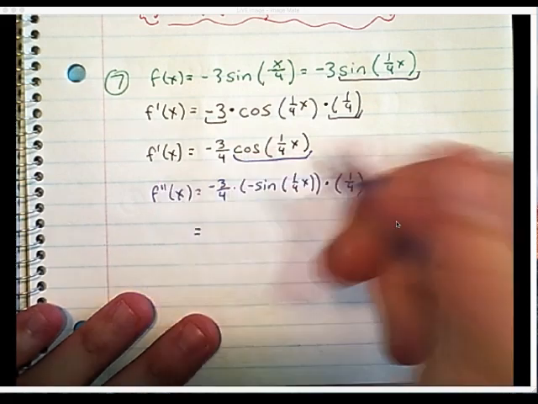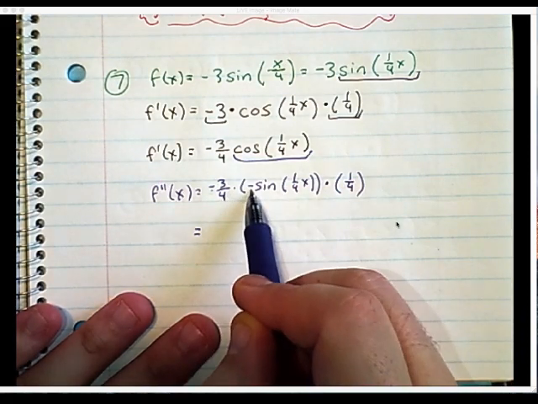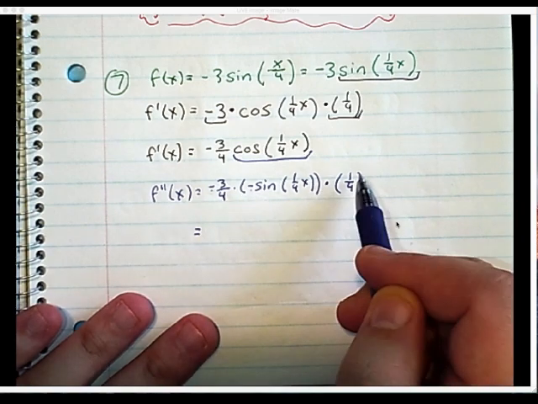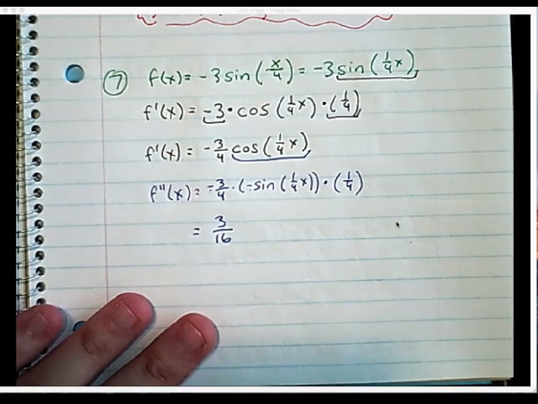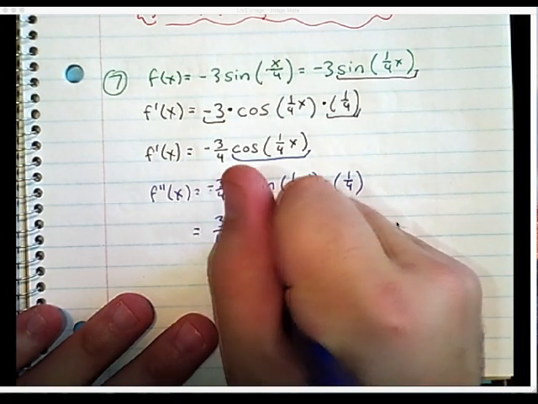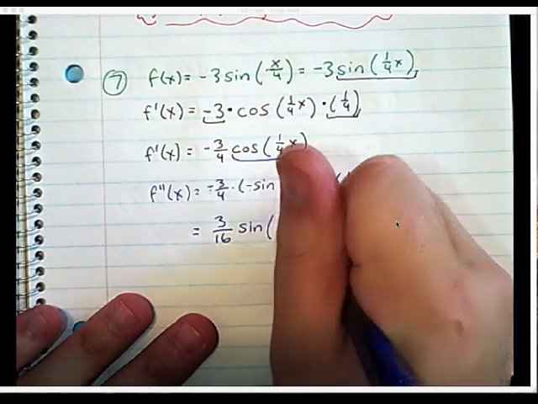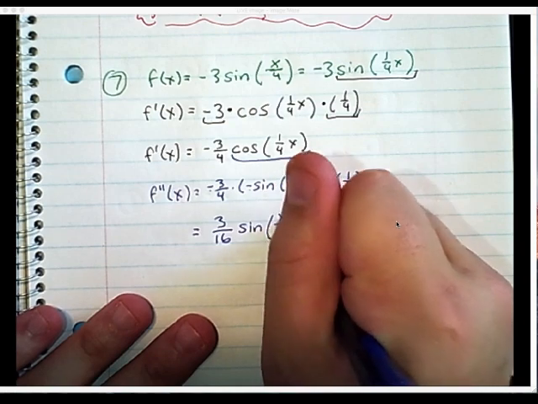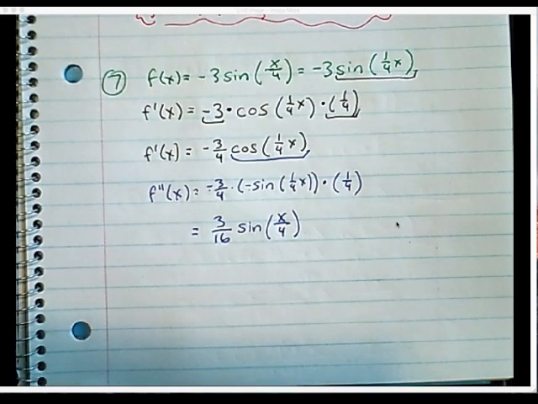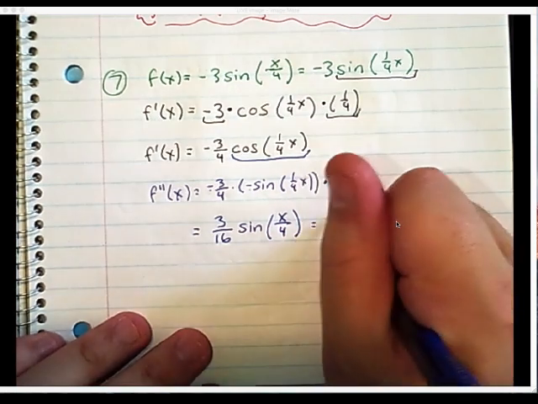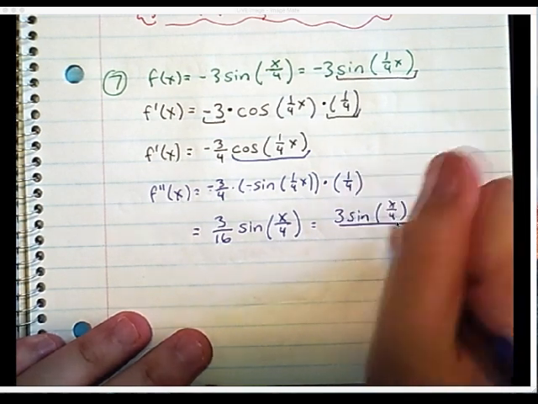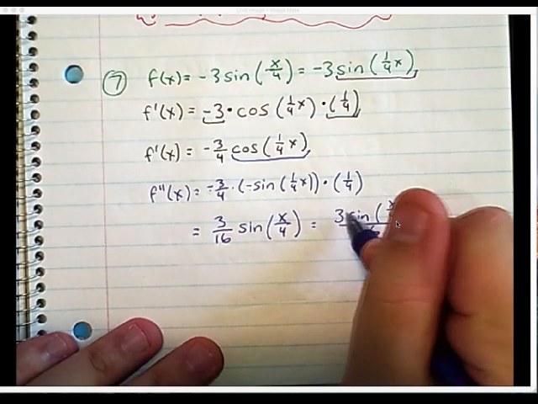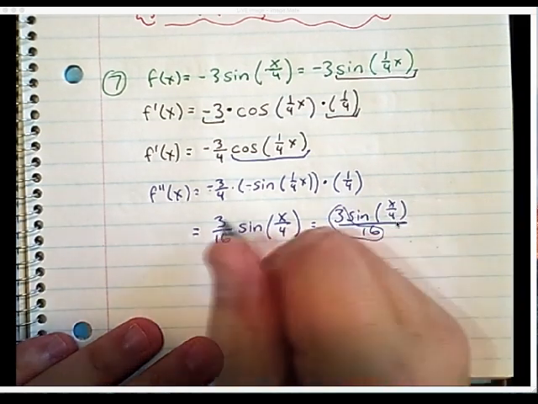So if I simplify this, I have a negative 3/4 times a negative 1, so I'm up to positive 3/4. 3/4 times 1/4 would be 3/16. So 3/16 sine of 1/4 x, or you could just rewrite it again as x over 4. Or you can write it like this, 3 sine of x over 4 all over 16, because you're still getting the 3/16 there, just like you got there.